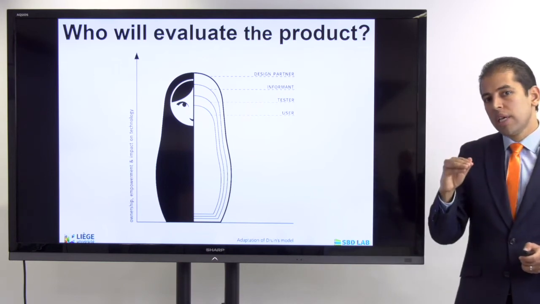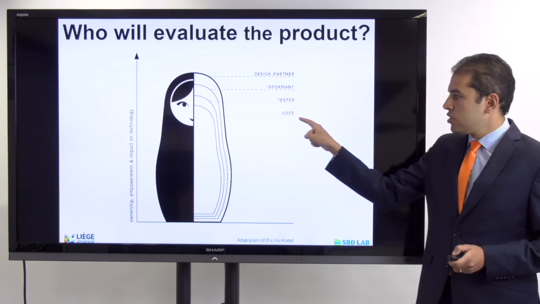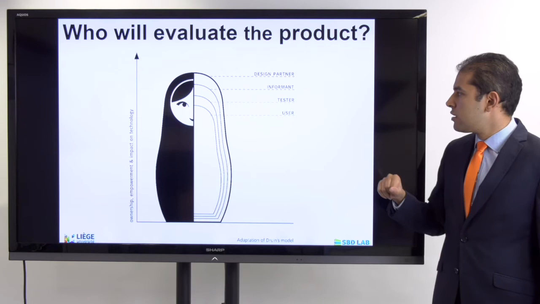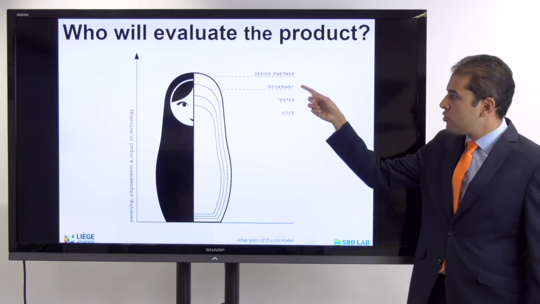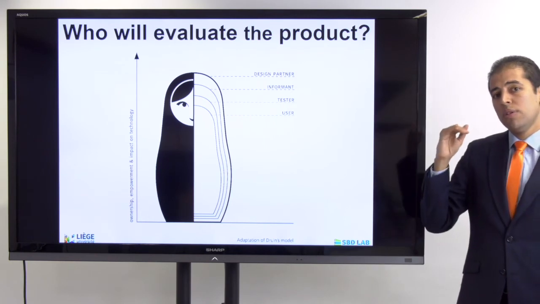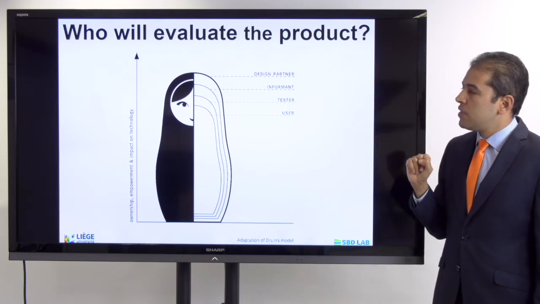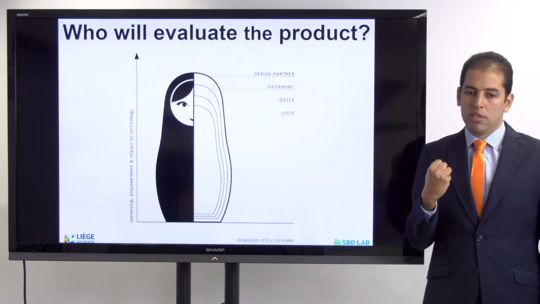And it's up to you to say who you want to use as a user for the testing. User for sure is the normal classical user, the basic one. Tester is somebody who is more experienced, and then you have the informant or the design partners. Always when you do usability testing, you need to define which type of evaluator you will use to get the feedback when you use your testing.